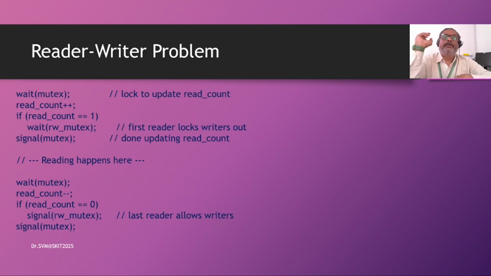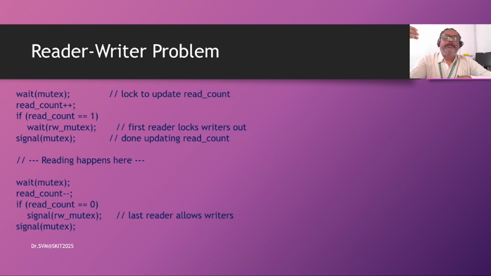If any writer is waiting, then give a message to the writer that yes, now you can continue your writing process, because the read count is 0. That means no process is in reading mode now. And if any writing process is waiting, then this signal on the RW mutex will let the waiting writing process continue its writing action.